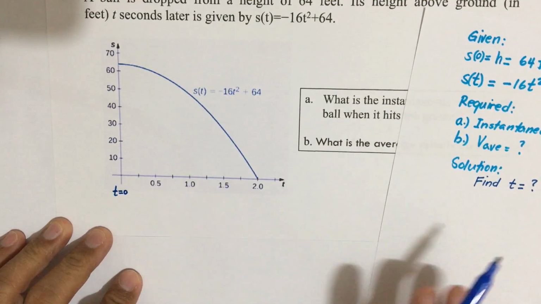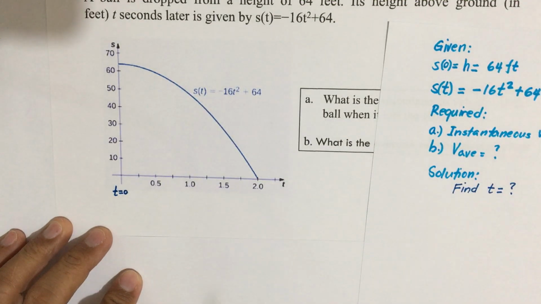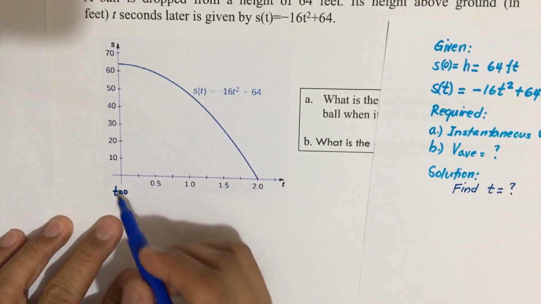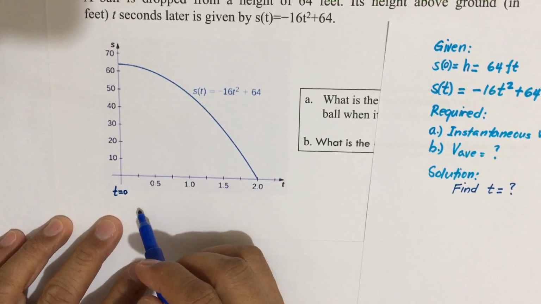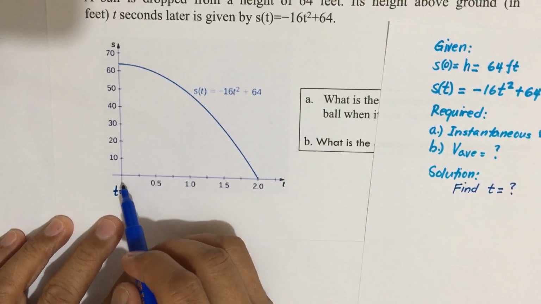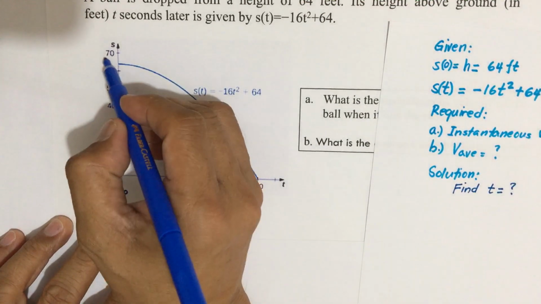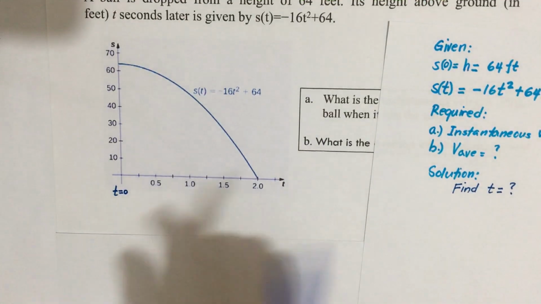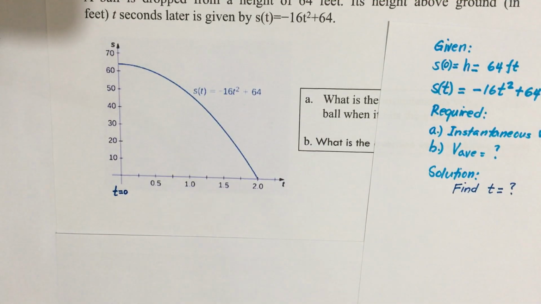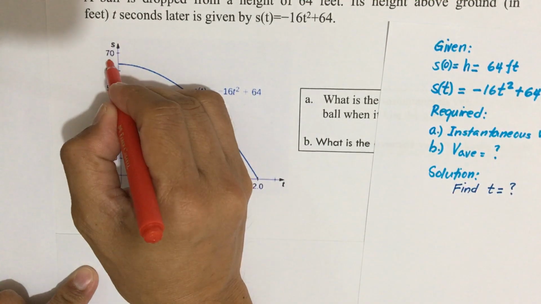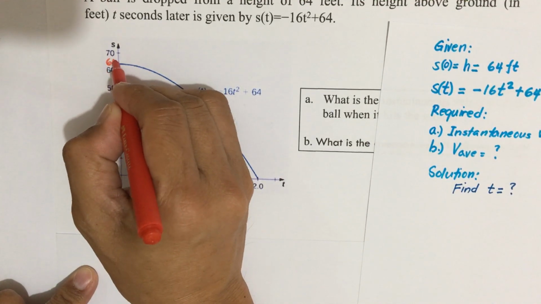So at t equal to 0, it means that before the ball was thrown or dropped to the ground, that is at t equal to 0, the height of the ball from the ground is equal to 64, right? So this is 64 at this.